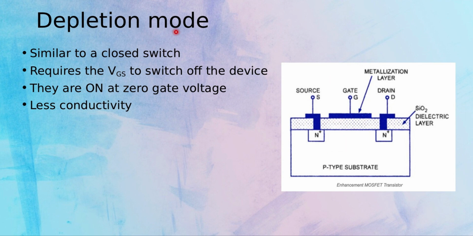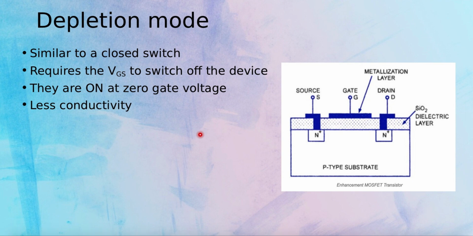But a depletion mode has lesser conductivity when compared to enhancement mode because here we're trying to disrupt the channel that's being created between source and drain, ensuring that there's very little current flow between source and drain. And the types of depletion mode are the same as enhancement mode. There is N-channel depletion mode and P-channel depletion mode. If the channel created is holes, then it's a P-channel depletion mode. And if the channel created is due to electrons, then it is N-channel depletion mode.